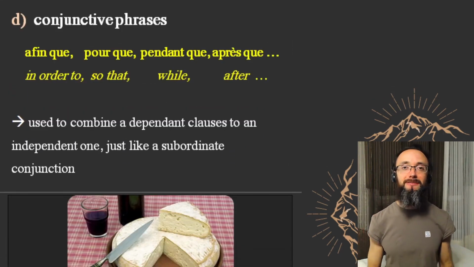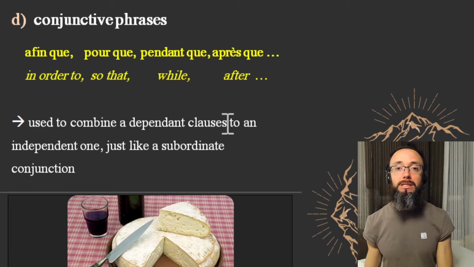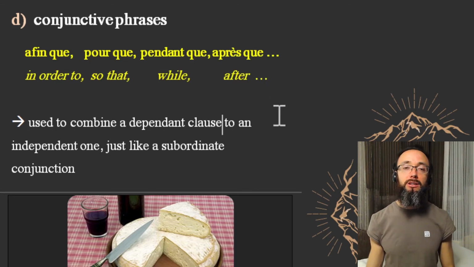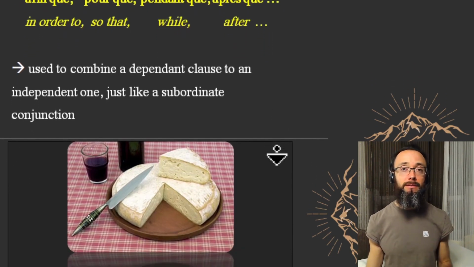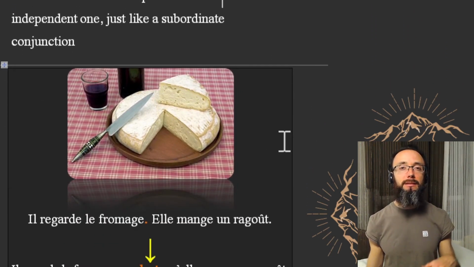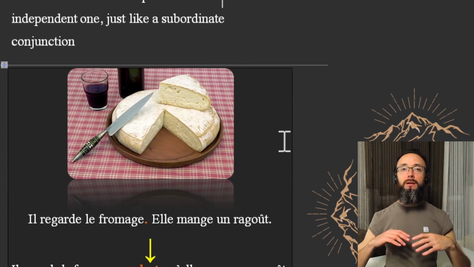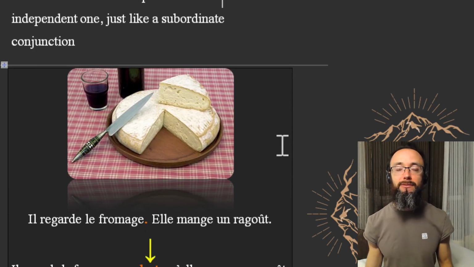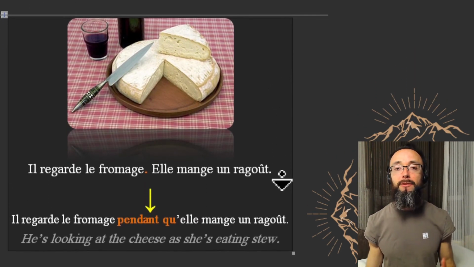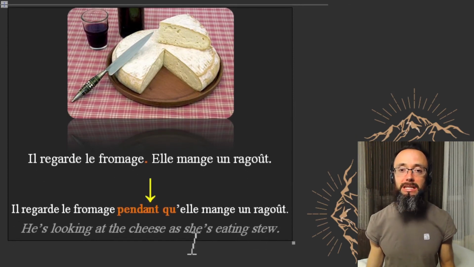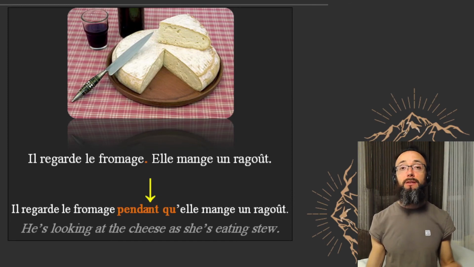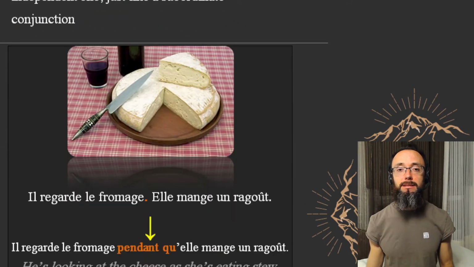So, conjunctive phrases are used to combine a dependent clause to an independent one, just like a subordinate conjunction. So very good to know that it's the same thing. We're not opening a completely different kind of conjunction here. For example, he's looking at the cheese. Elle mange un ragoût. Here we have two words forming the conjunctive phrase.